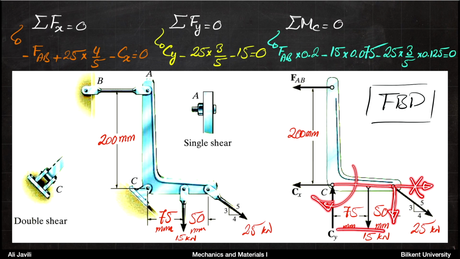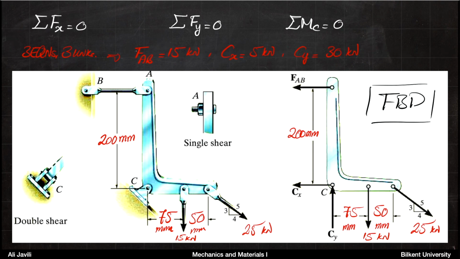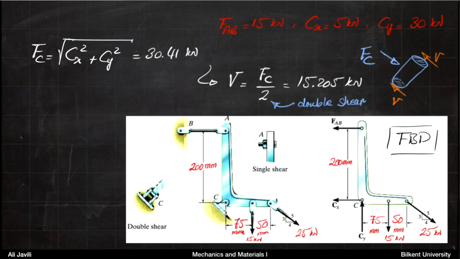The arm is 125 millimeter, which is 0.125 here, and the vertical component of the force is 25 times 3/5, and then again with a minus sign. So you have these three equations and three unknowns, and from that you can calculate the force in AB as well as the reactions of the support at C.